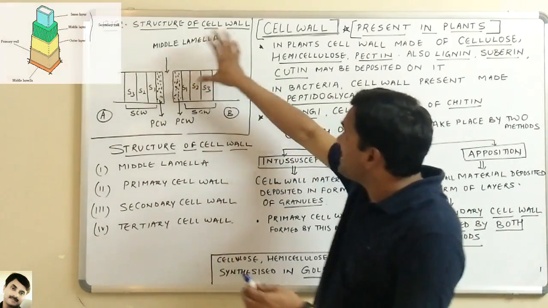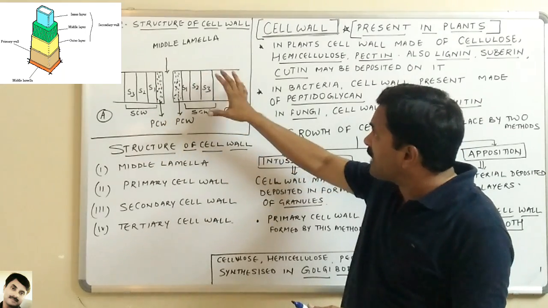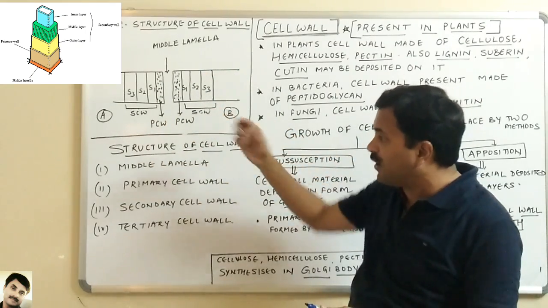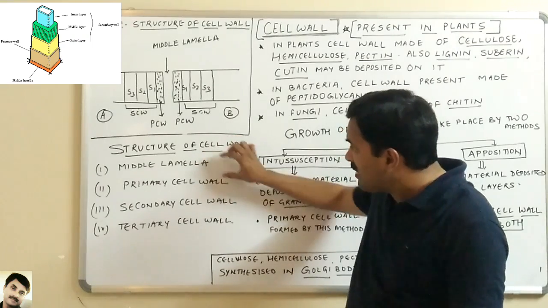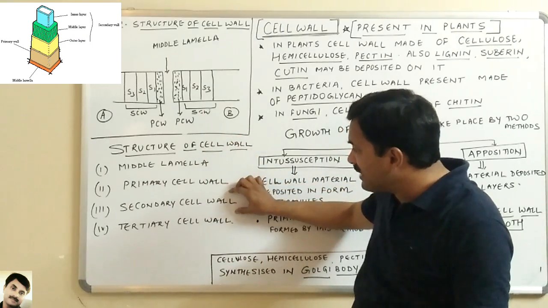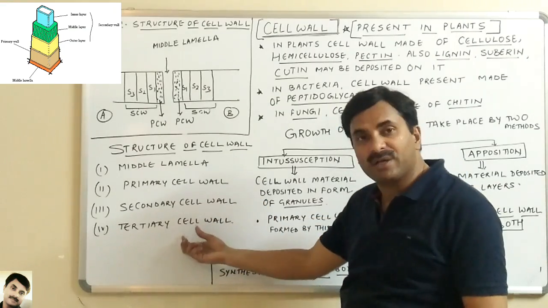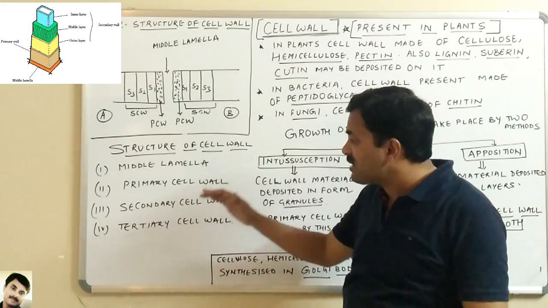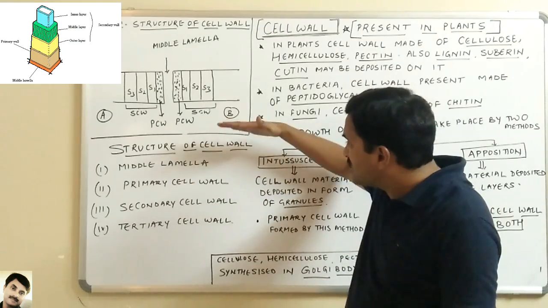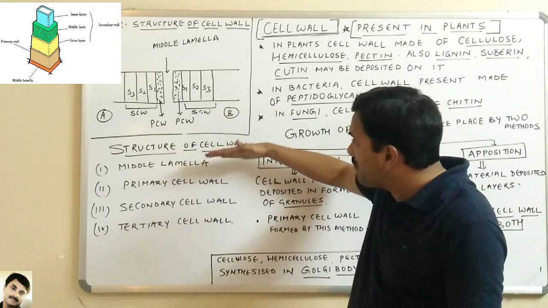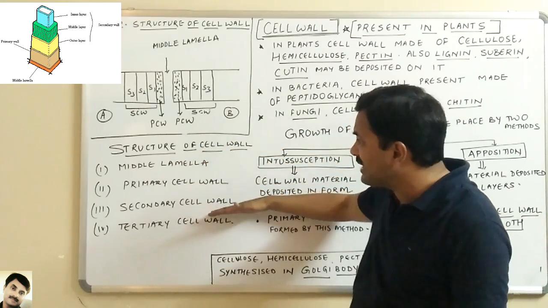The structure of the cell wall is composed of four components: the middle lamella, primary cell wall, secondary cell wall and tertiary cell wall. But the tertiary cell wall is rare and found at few places only. So the major components of the cell wall are the middle lamella, primary cell wall and secondary cell wall.